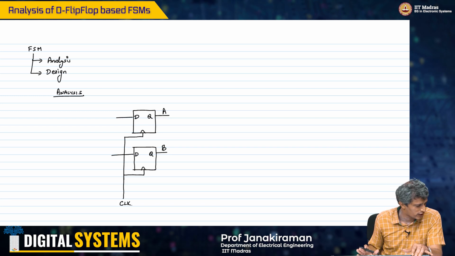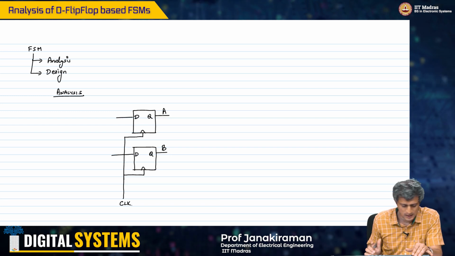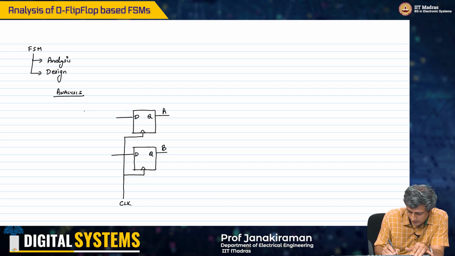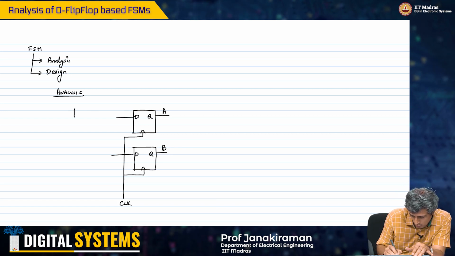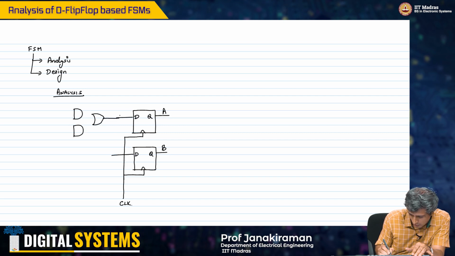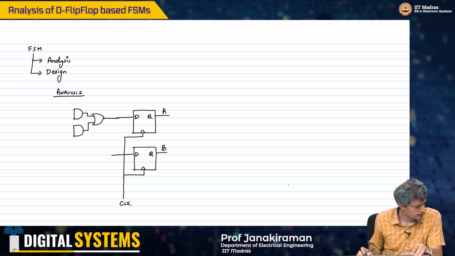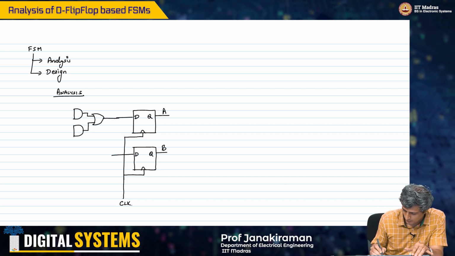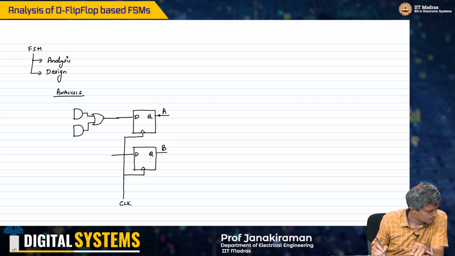So I will just keep the notation pretty consistent with that, so that it is easy for us to follow. Okay, so now what I'm going to do, I'm going to add an AND gate here. Okay, and an OR gate here, right? And I'm going to now feed this signal back to A. Okay, so I'm going to do the following.